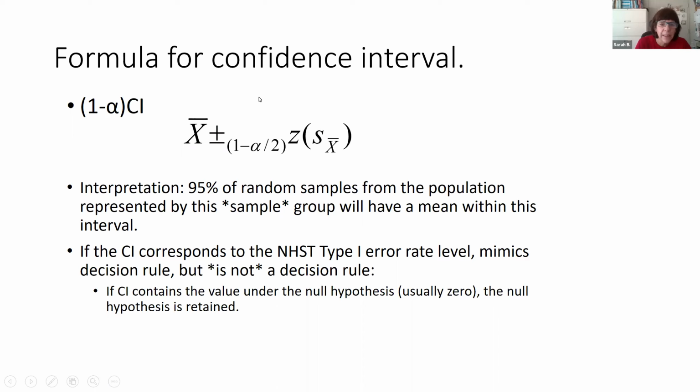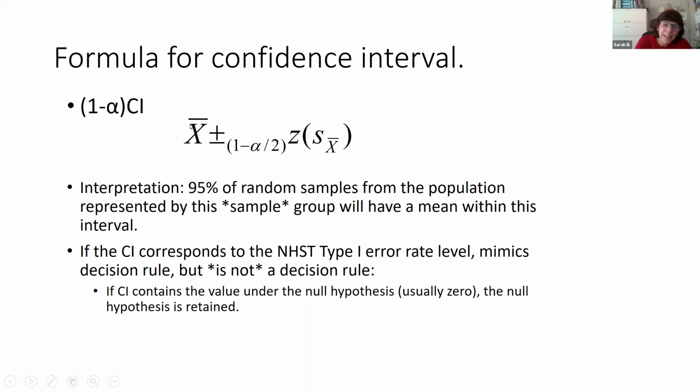And it's calculated as the sample mean plus or minus the z that corresponds to 1 minus your alpha level over 2, times the standard error of the mean. You may note that this does not contain the population mean value. It does not involve mu. So that's interesting. It is not a description that relates to the population mean.